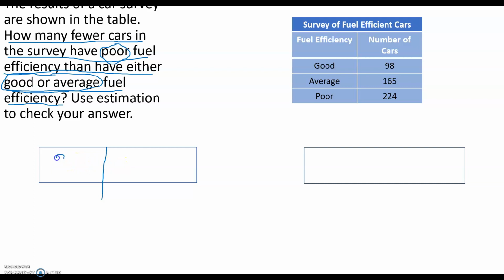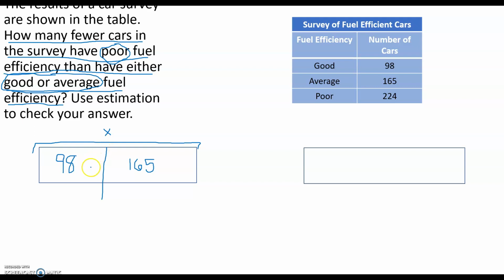So we've got 98, which is our good cars, and our 165, that's our average cars. We're going to use the letter X as our total. And again, our total is how many good and average there are all together.